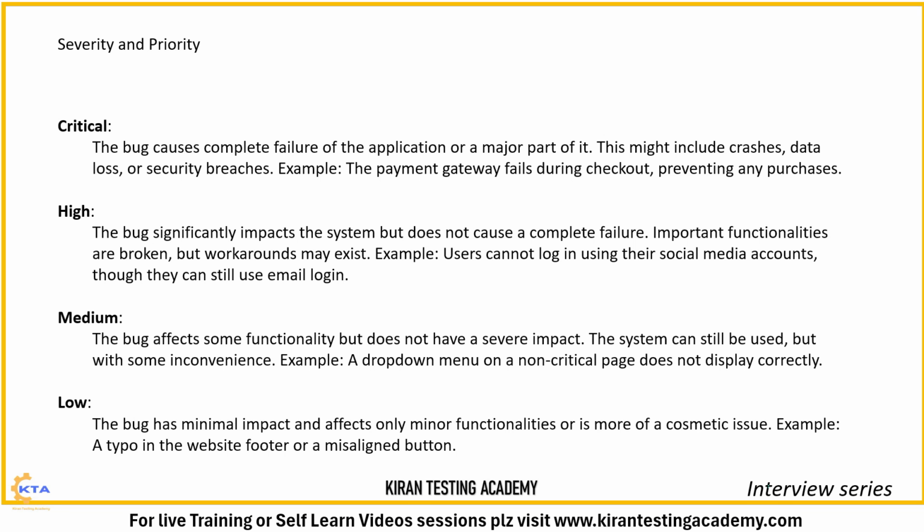We rate a bug critical if there is a major component failure, a major part of an application or the total application fails, or there is a major crash, data loss, or security issue. Take the example of an e-commerce website: if the payment gateway has failed, or while performing checkout it is not going through, then transactions will not happen.